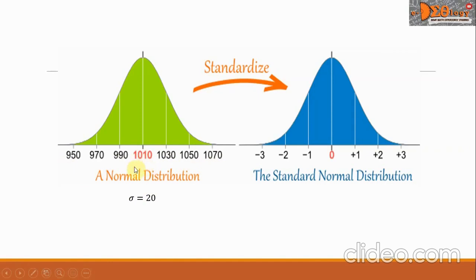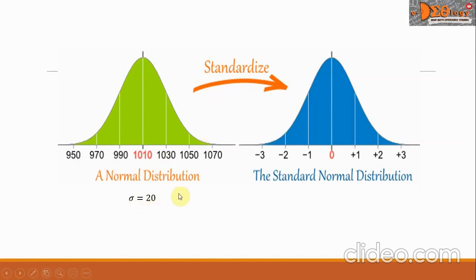On the left of the mean is 990. Next is 970, and the last number here is 950. So we can observe that the interval is of this value, which is the standard deviation 20.